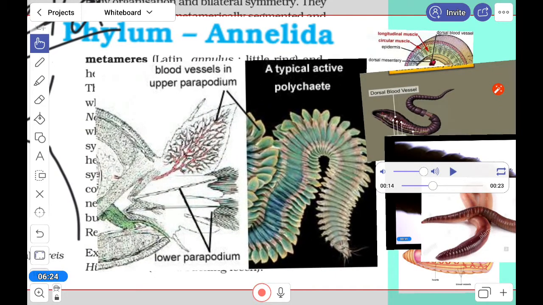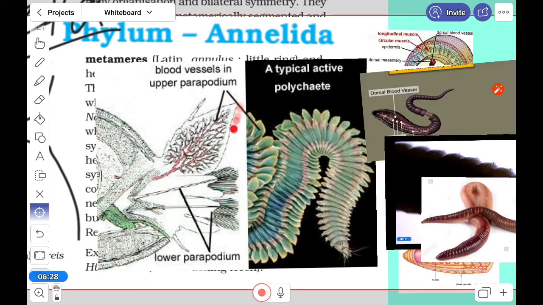The enlarged view shows that this area is the parapodia. Again it is divided into notopodium and neuropodium, I mean the upper parapodium and the lower parapodium. Parapodium helps in locomotion. I think you can understand this is a marine animal, a polychaete.